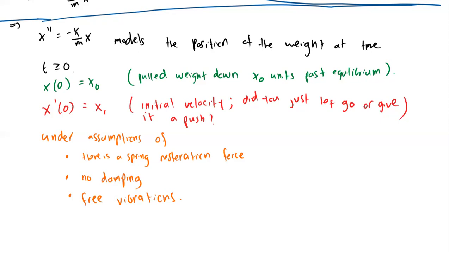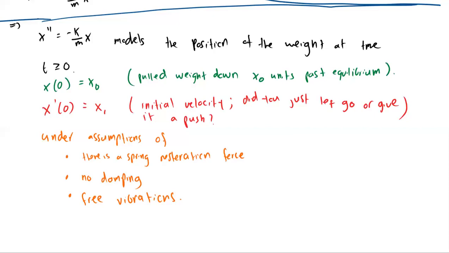In the example of the simulation, I let go 2 units below equilibrium, so that would be x naught equals 2, because anything below equilibrium is positive position. Anything above is negative. And then x prime of 0 is x1, which is the initial velocity. It's 0 if you just let go, and it's not 0 if you push or pull. So those are the assumptions that we had, and that's the differential equation we got.